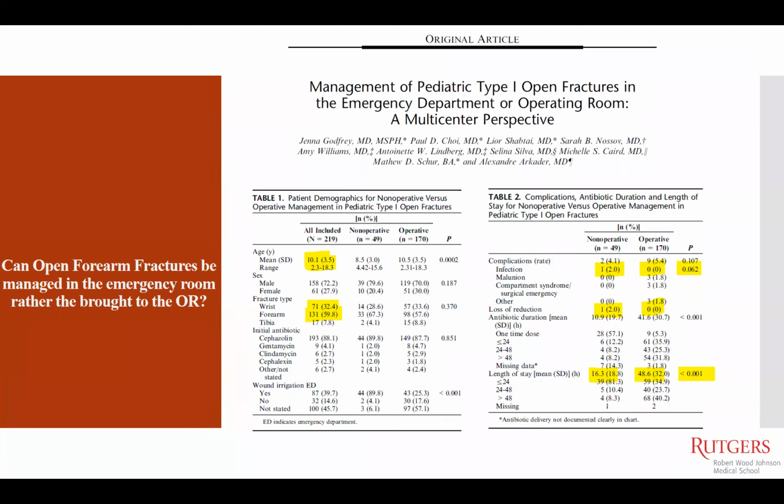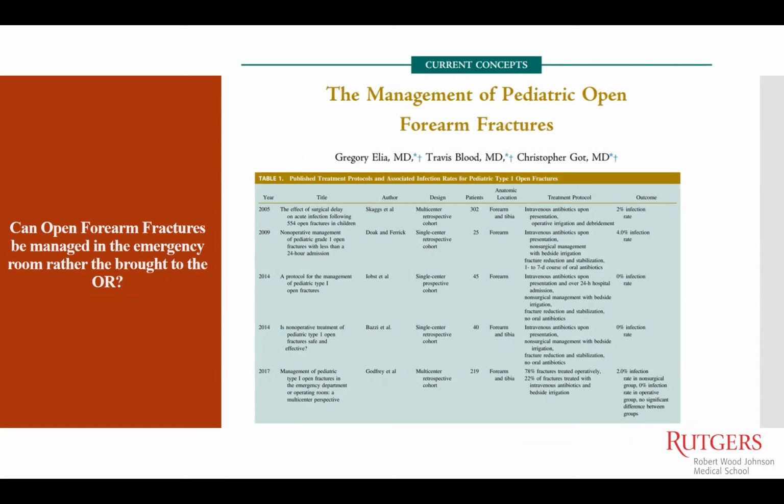Here is a current concepts review of the question: can open forearm fractures be managed in the emergency room? At the bottom of this table is the study I just talked about, but there were other relevant ones that I thought would be important to reinforce the point. The Skaggs et al. study was a multi-center retrospective looking at forearm and tibia fractures. Again, most of those were forearm.